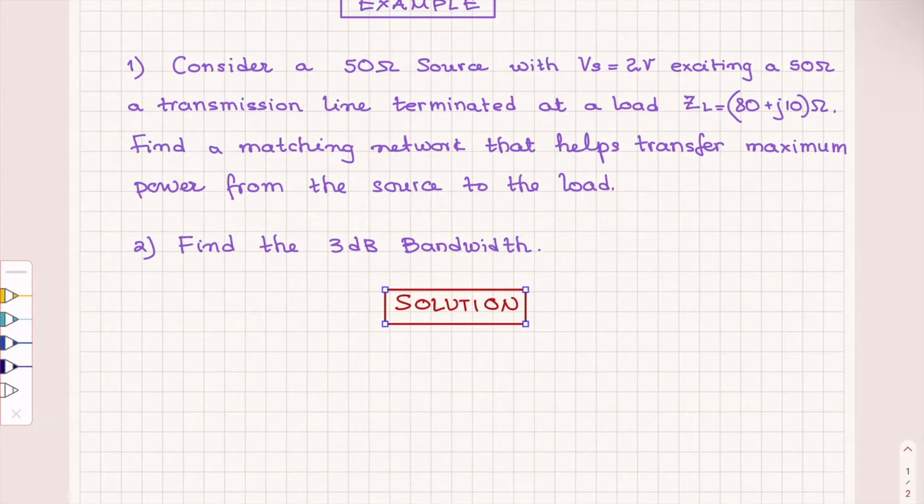Is it going to be a real number in watts, or an imaginary number in watts, or a complex number in watts? What do you think? For maximum, I would imagine it'd be a real number in watts. Exactly. Power is always a real number. Always. Even if it's not maximum. When you say power, it's always real.